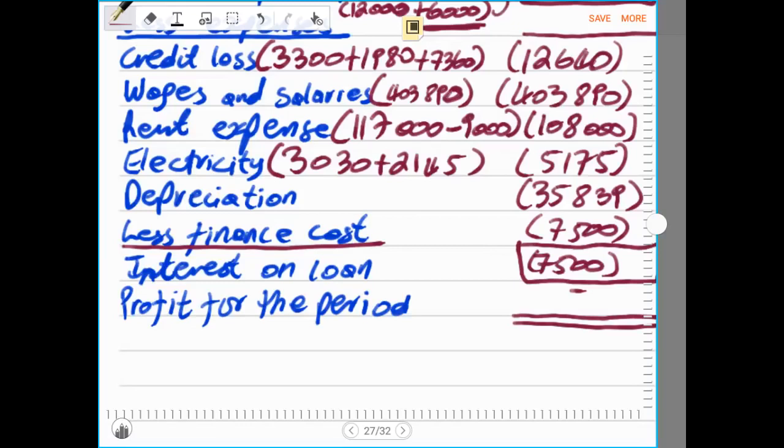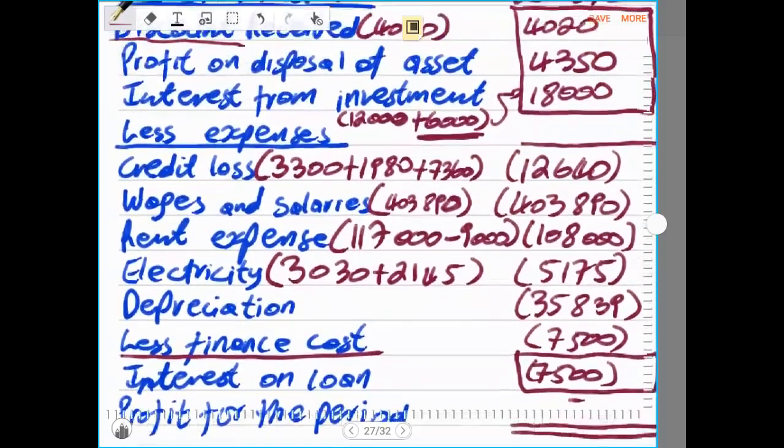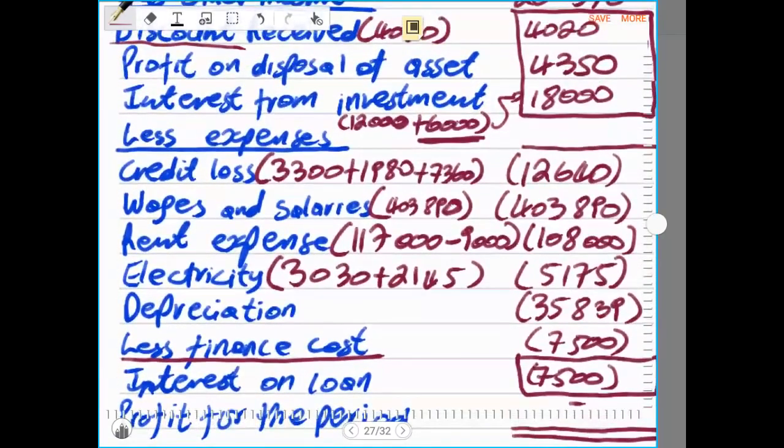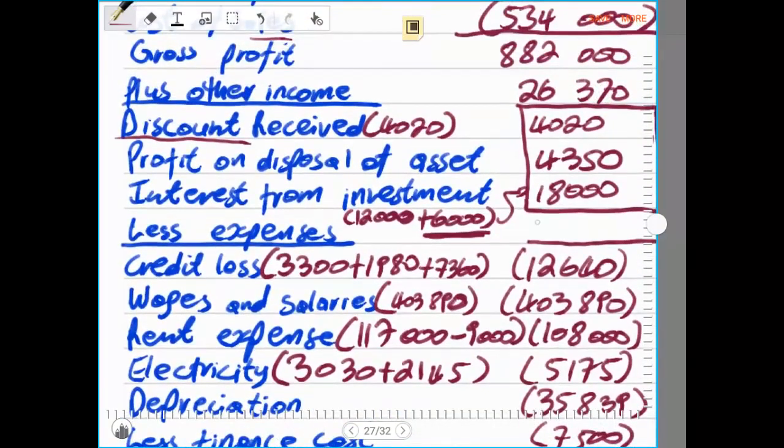Then we have to add all of our expenses, including the finance cost, and if we do so, that should give us 565,544. Let me just erase this for space purpose.